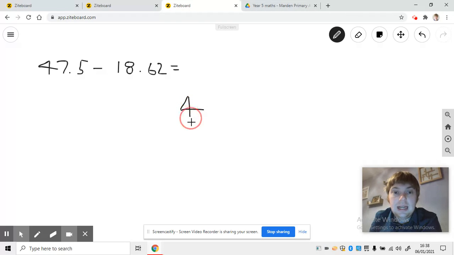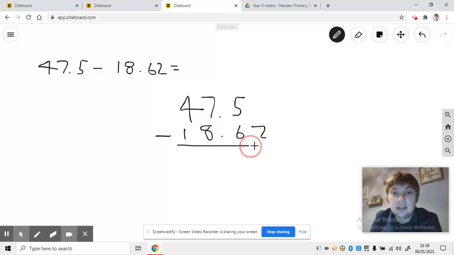So we lay out our method, so 47.5 subtract 18.62. Now you will notice, having done it here for you, that I've ensured my decimal points are lined up.